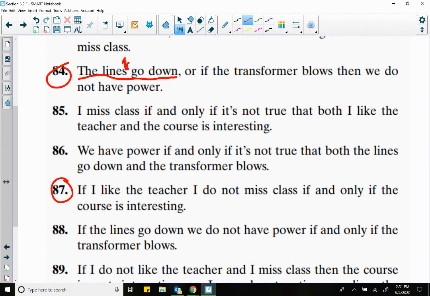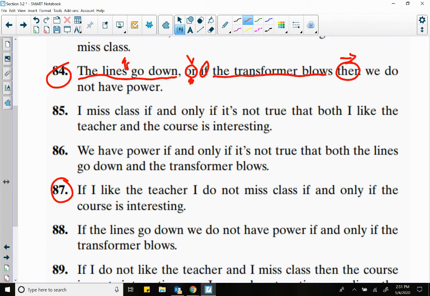So that is Q. I see a comma and the word or. So we know that this is our strongest symbol, the V. Okay? I see an if. That means there should be a then. There's that then. So we know that's the conditional.